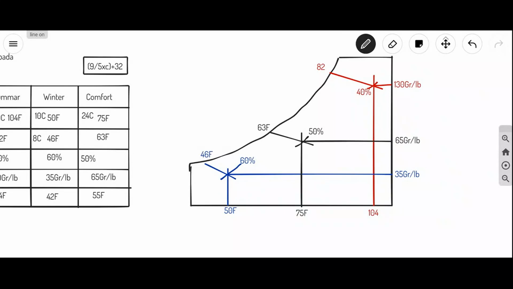Now let's conclude the things. Comfort point is here, right? Comfort is lying here. But coming to the summer, the point is lying here. That means you are not in comfort. So to be in comfort, you need to shift this point to here.